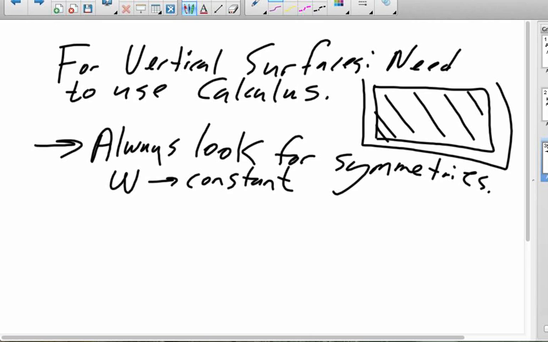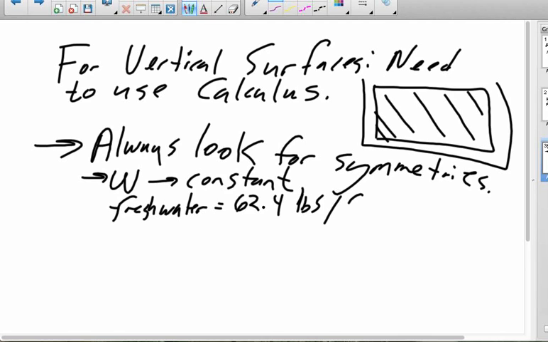You see problems like, for instance, in the ocean where the weight of seawater does change with temperature, and as temperature changes, then this will change. But for our problems, our weight density is going to be a constant. And for fresh water, it tends to be 62.4 pounds per cubic foot.